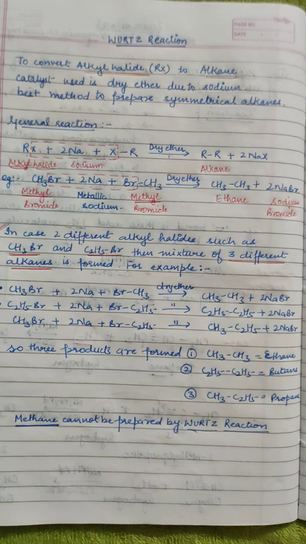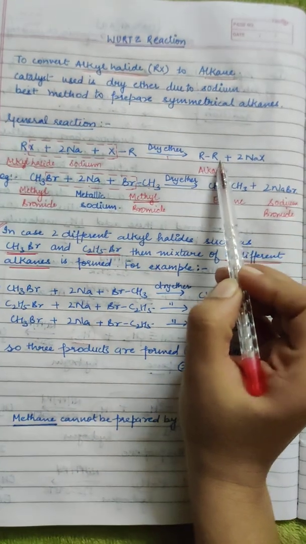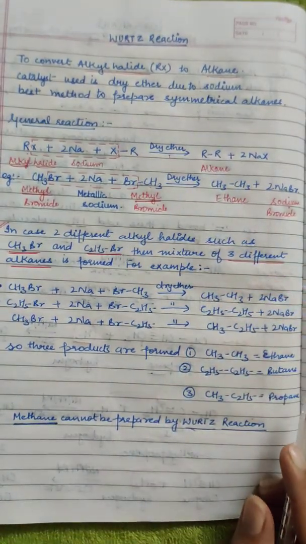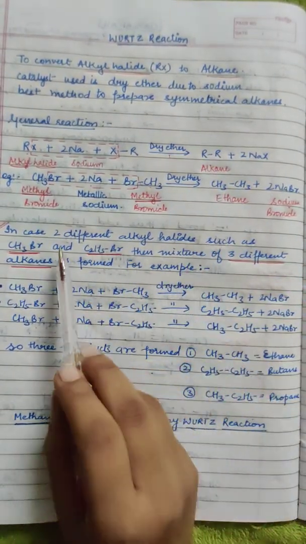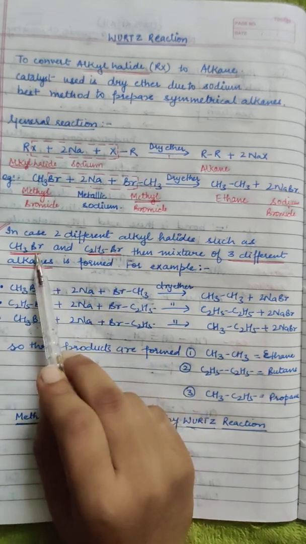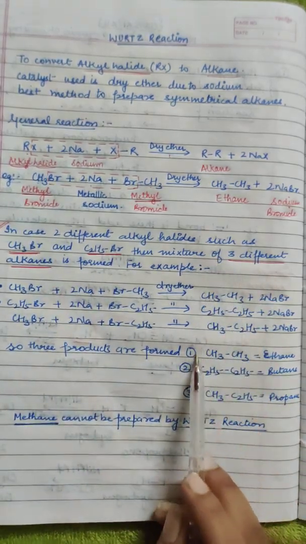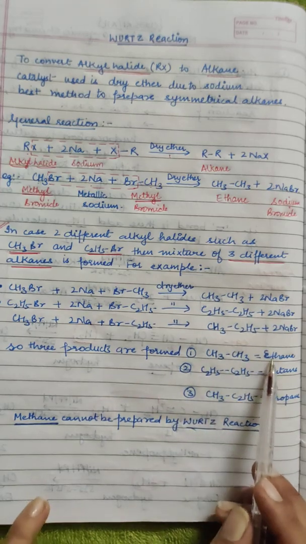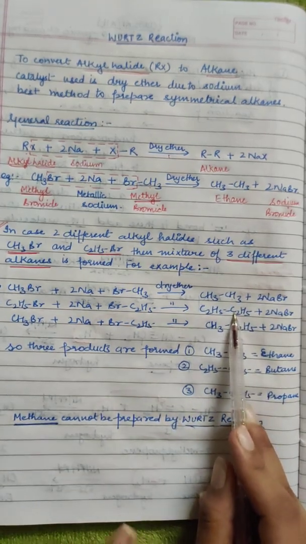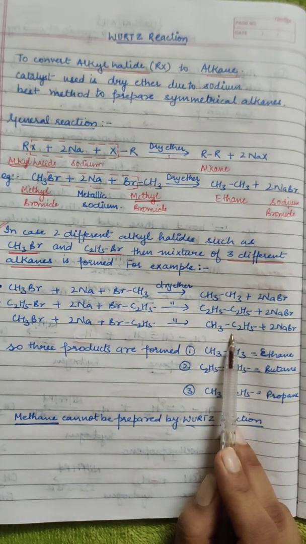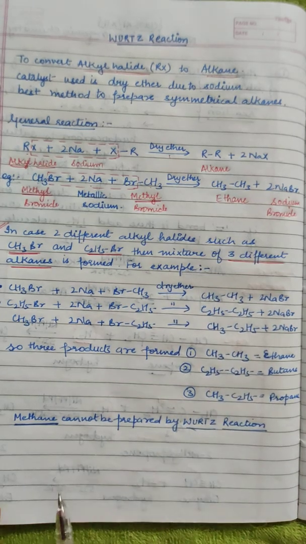Okay, if you take similar alkyl halides and react them in the presence of sodium and dry ether, a symmetrical alkane, only a single product will be formed. If you take 2 different types of alkyl halide, then 3 different alkanes will be produced. So you can see ethane is produced once, butane once, and propane once. I hope it is clear to everyone.